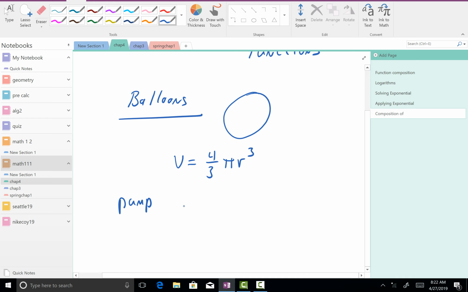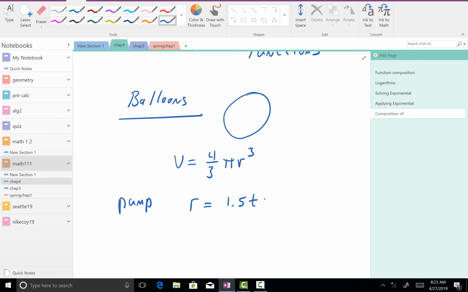And the pump can blow in the air such that the radius of the balloon increases by 1.5 t. So every second, the radius increases.